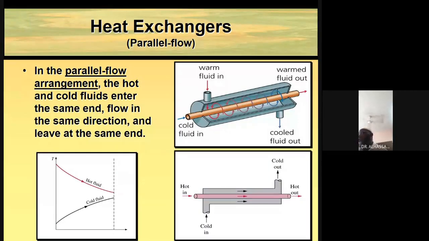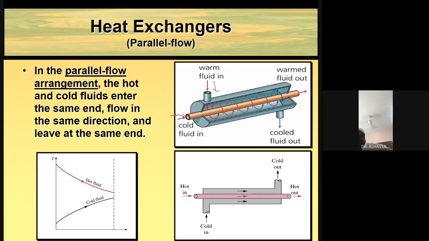We have parallel flow and cross flow heat exchangers. In the parallel flow situation, the hot and cold fluids enter the same end. For example, here we have cold fluid entering the tube and warm fluid entering the shell.